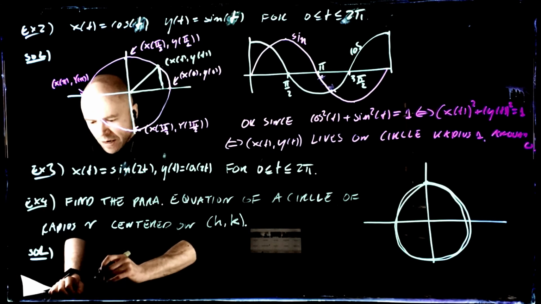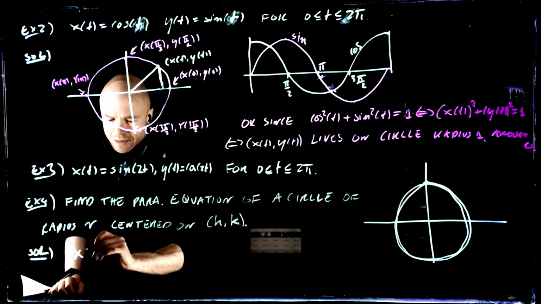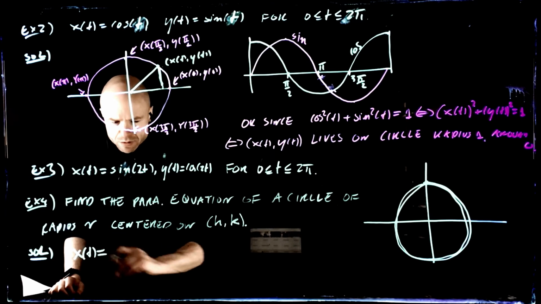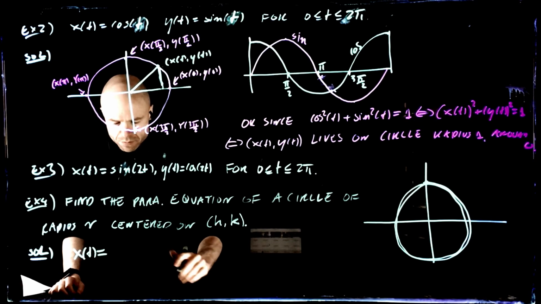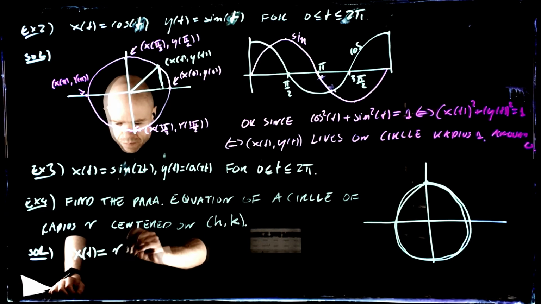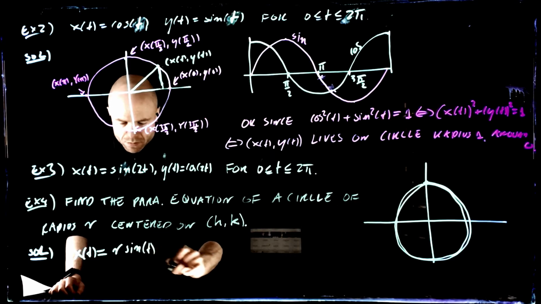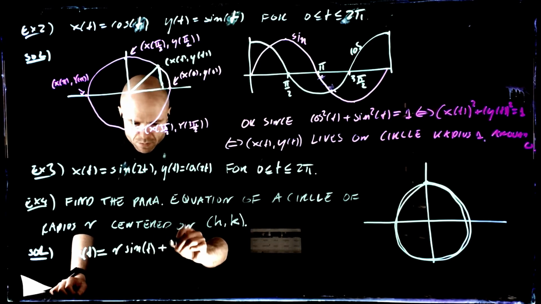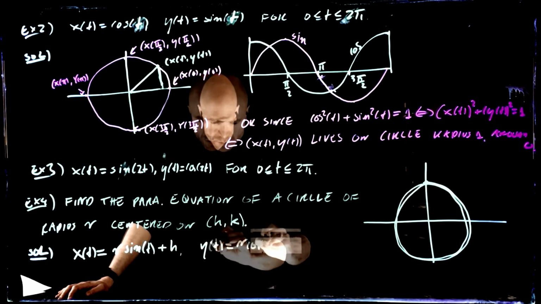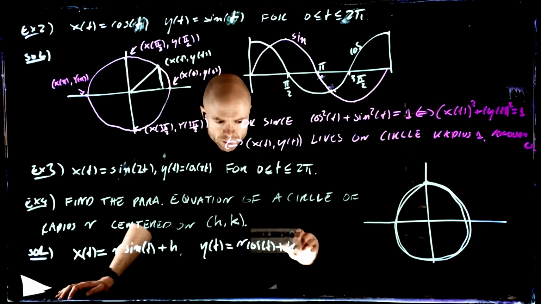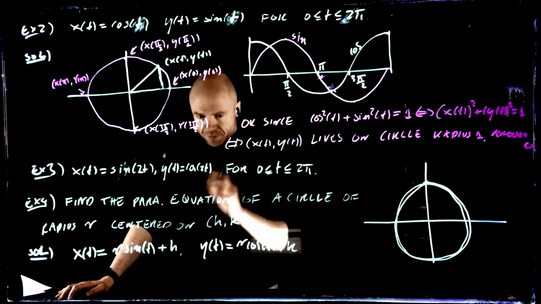Good. Great. So help me with this. So x of t, what shall I put here? x of t is equal to... someone else. What's the y of t in that case? Excellent. Good job, people. Yeah, this would do it.